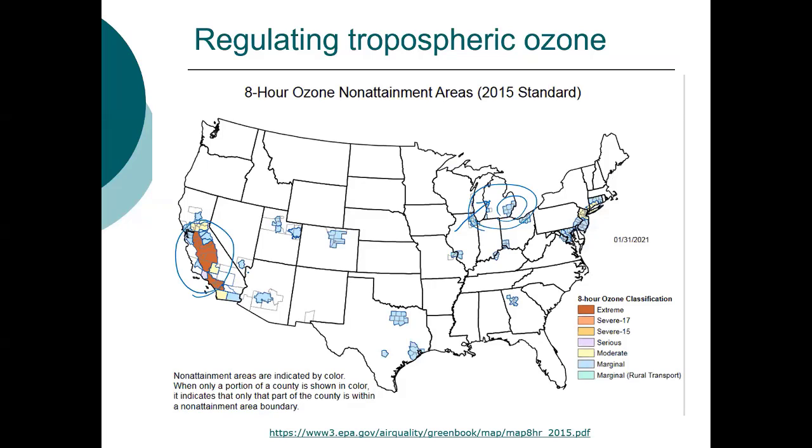You can see California is classified as extreme, so there's significantly higher levels of ozone than the standard. There are only a few areas that are considered moderate, and you can see those also in California, and a few that are serious. But for the most part, you see a number of regions, and these are based on counties, that are non-attainment. We'll talk more about what that actually means.